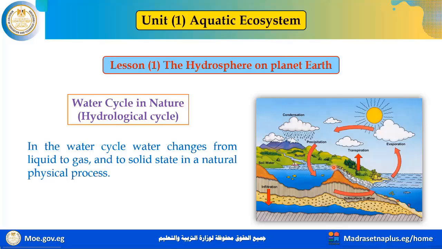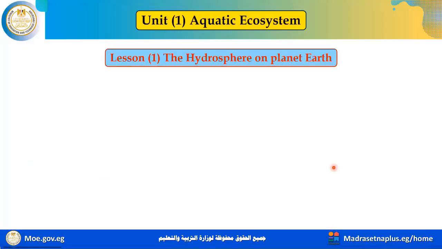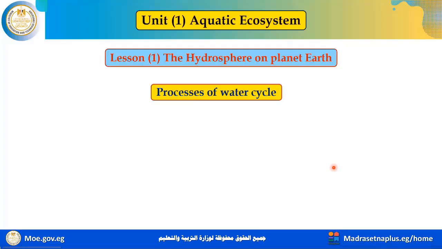The liquid, like water, changes into gas, which is water vapor, and the water vapor, the gas state, condenses to form the liquid, and the liquid may change into solid, like in the polar areas, and so on.